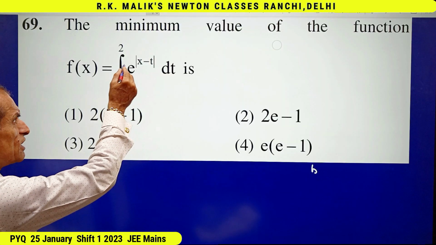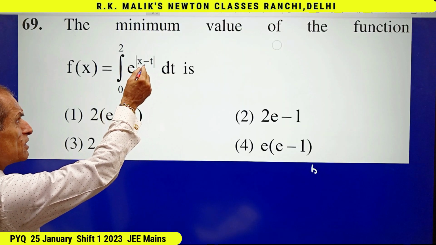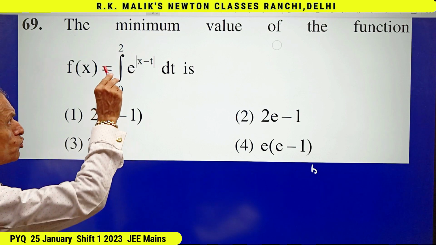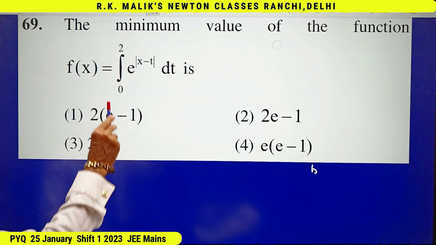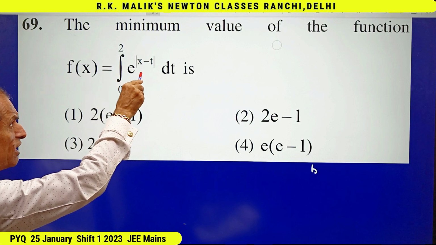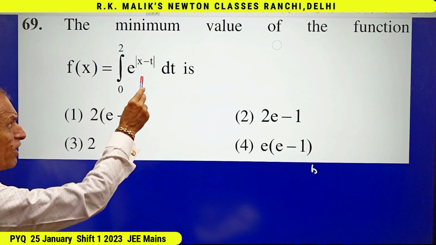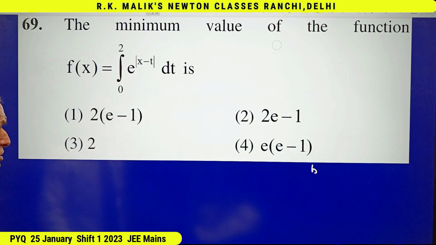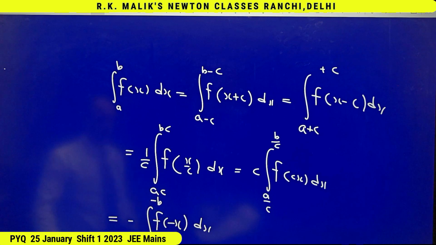Obviously, if instead of t minus x only t is there, then it will be easier to deal with. Hence, to remove x, note that for this integral x is a constant, the variable is t, and because for this integral x is constant, I can use these formulas.